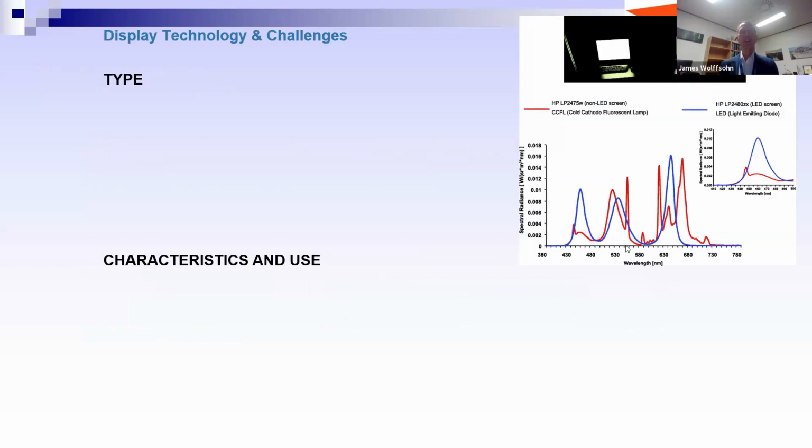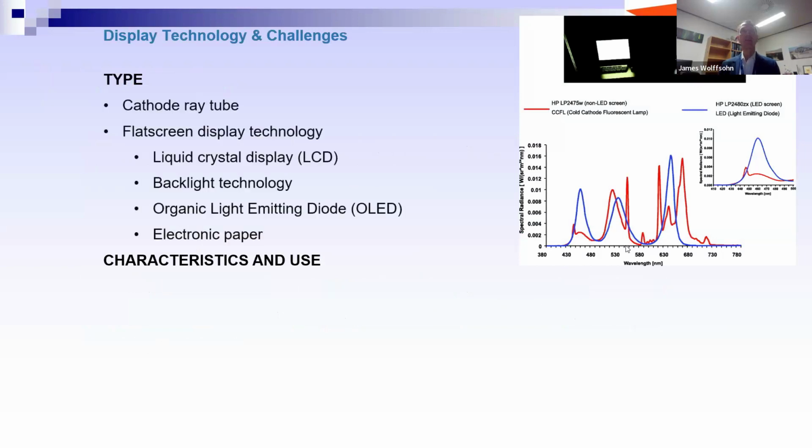Now, when we come to digital devices, there are many aspects of those devices. First is the type. So we've moved on from cathode ray tubes, which were large and essentially had phosphors that were simulated, to flat screen technology. But even within flat screen technology, there's different technology: liquid crystal displays, organic light emitting diodes, and electronic paper.